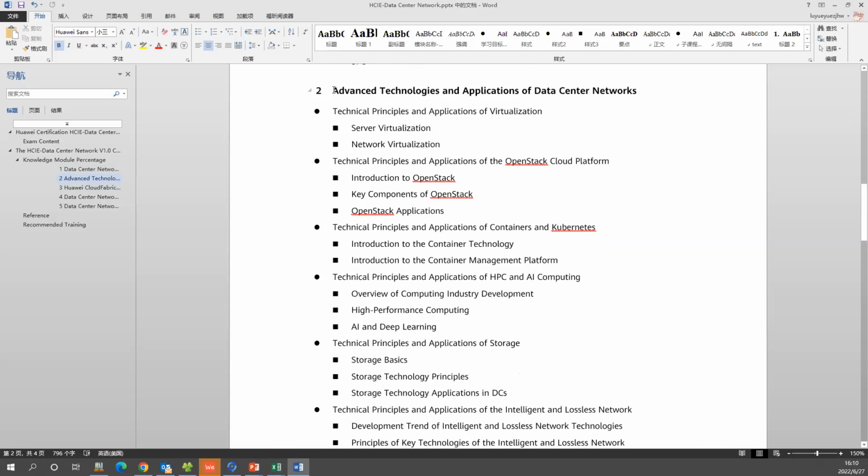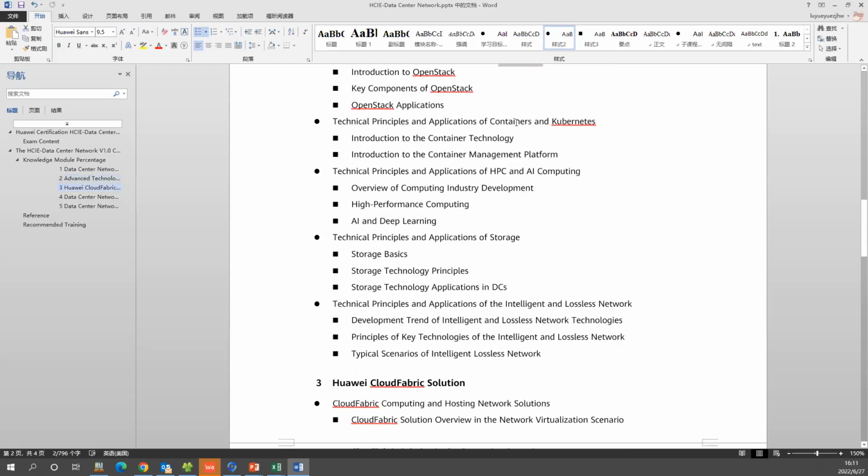And then is the second part. The second part is about the advanced technologies and applications of the DCN. In this part, we will talk about some IT technologies, such as virtualization, and talk about open source, the OpenStack cloud platform, and the container, Kubernetes, and HPC AI computing, also storage.